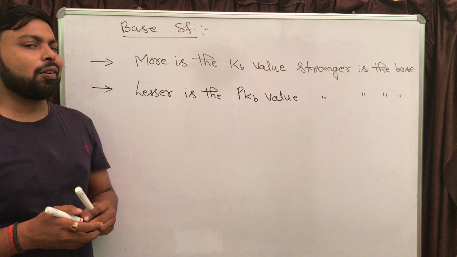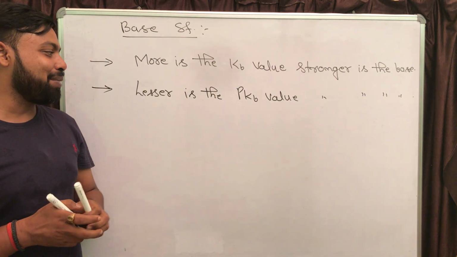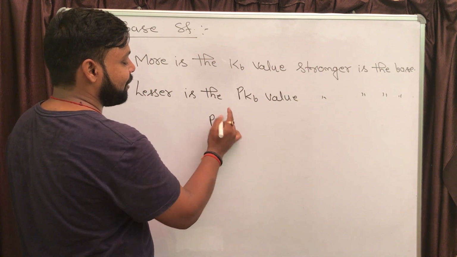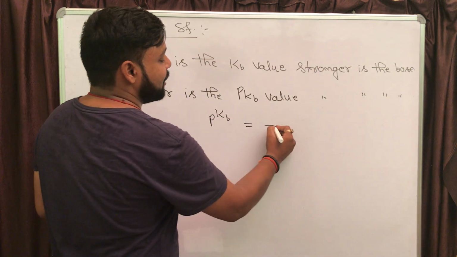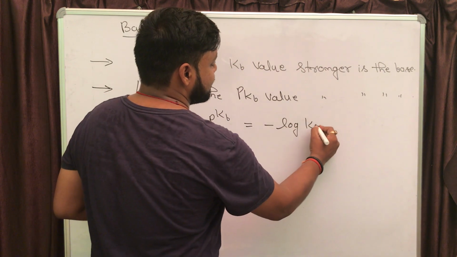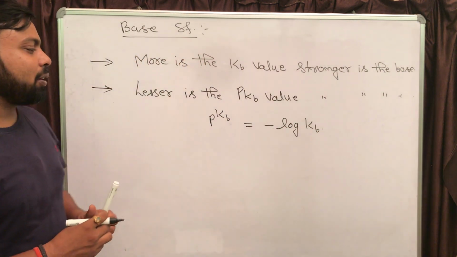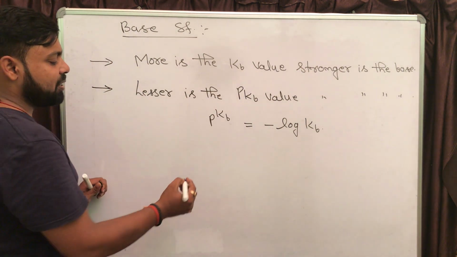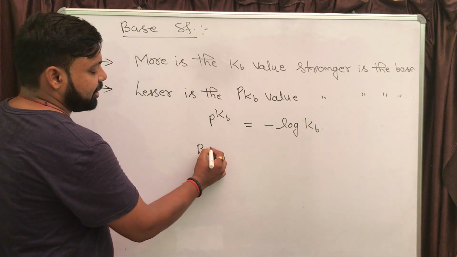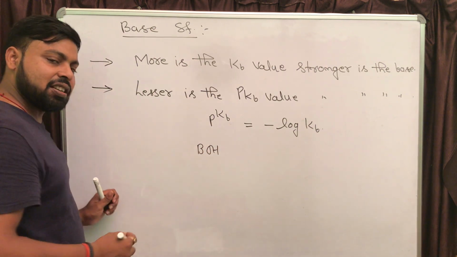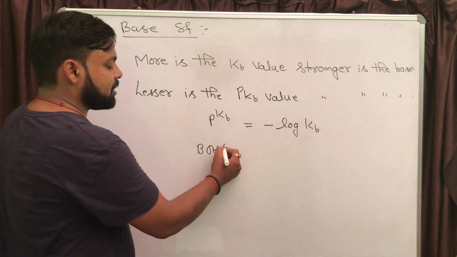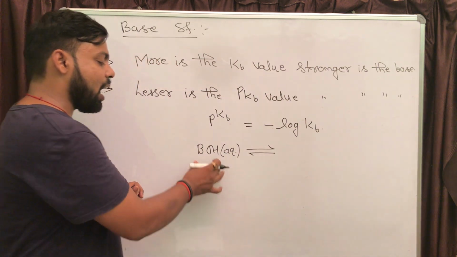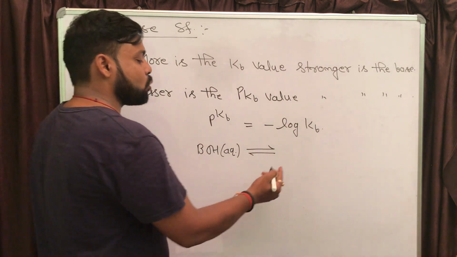I hope these 2 points are clear. If you are not clear about what is Kb and pKb, pKb is minus log of Kb, and what is Kb? The full name of Kb is base dissociation constant. Let us say BOH is any weak base, and if you are placing it in aqueous medium, there will be an ionic equilibrium between undissociated molecule and dissociated ion.